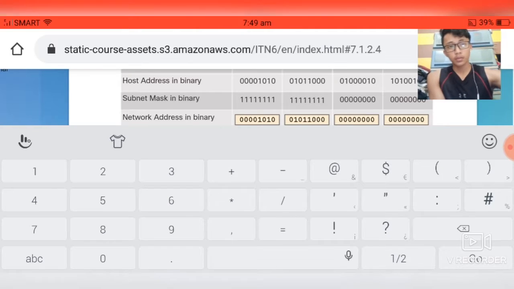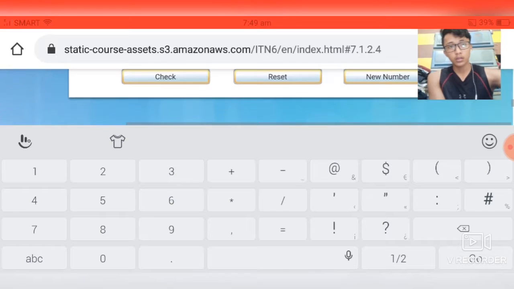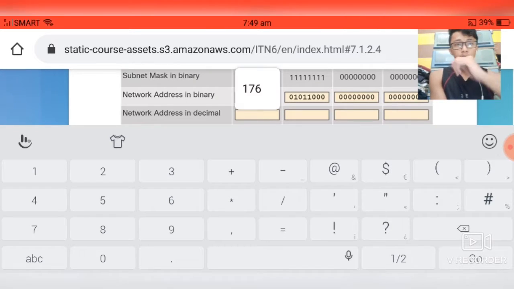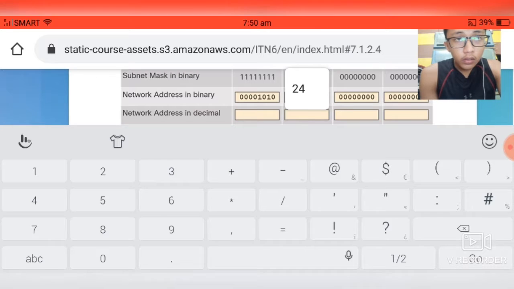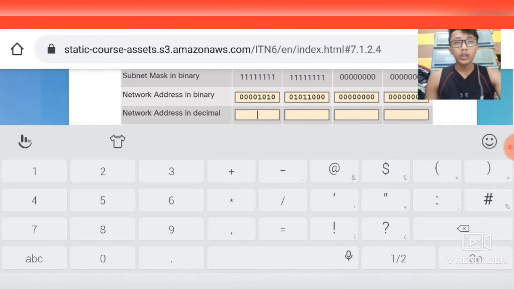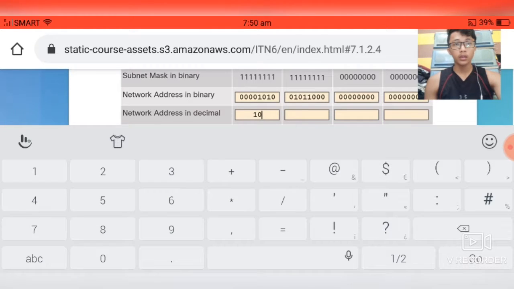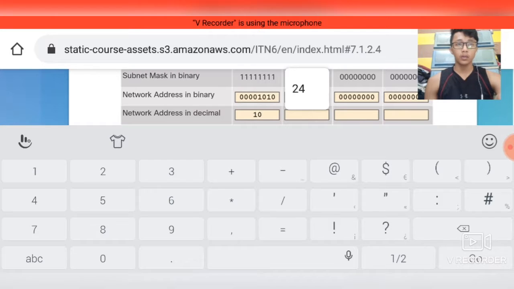Next we have to answer the decimal. So the decimal of this is 128, 64, 32, 16, 8, 4, 2, 1. 64 plus 16 plus 8 equals 88.